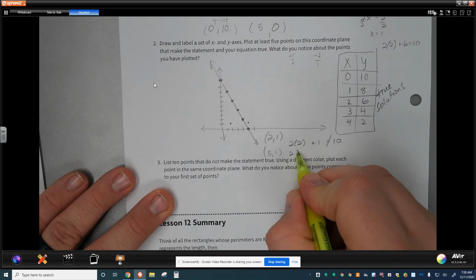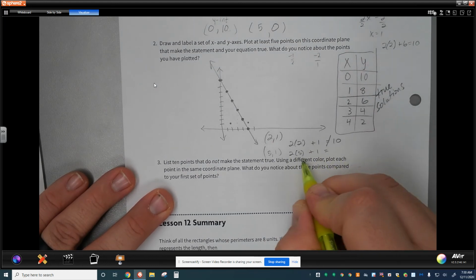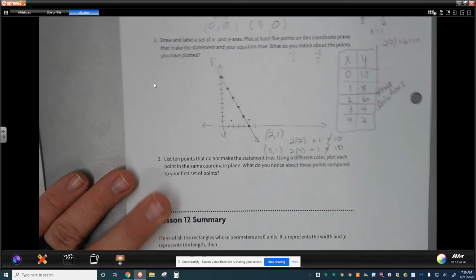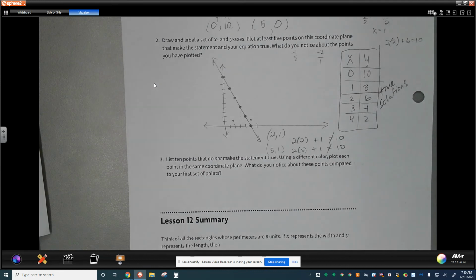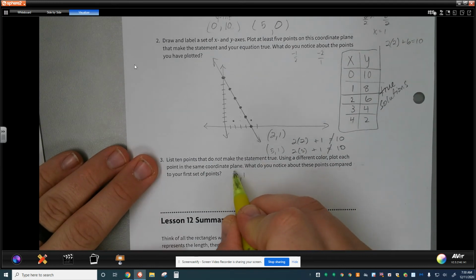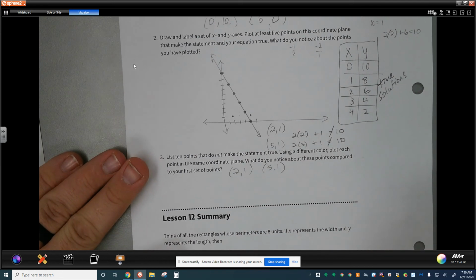Well, 2 times 5 plus 1 equals 10 plus 1, 11. That's not equal to 10. So that one doesn't work either. What we need to really recognize with our ordered pairs is that 2 and 1 doesn't work, and 5 and 1 doesn't work.